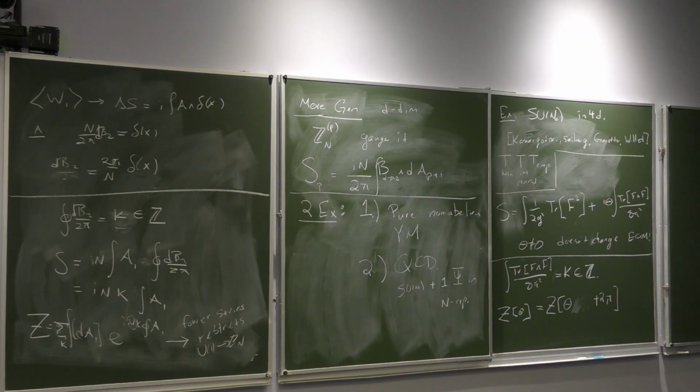One of the things I tried to emphasize yesterday is that when you turn on the background gauge field for a center symmetry, you change the quantization of the instanton number. So now this trace F wedge F over 8 pi squared is going to be quantized as an integer plus (N minus 1) over 2N times B2 wedge B2 over 4 pi squared.